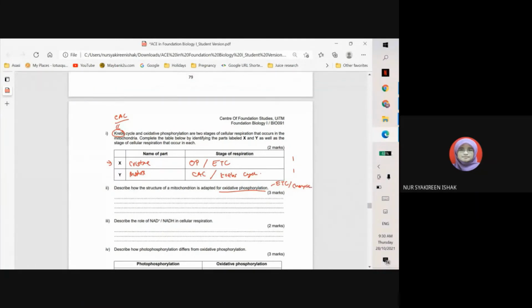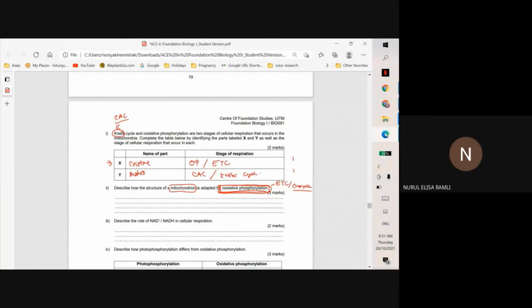So in order to optimize the product of oxidative phosphorylation, what are the feature of mitochondria that fits the need of oxidative phosphorylation to produce a high number of ATP? Apa feature mitochondria yang dia boleh fit untuk optimumkan oxidative phosphorylation ni, untuk menghasilkan lebih banyak ATP molecule?